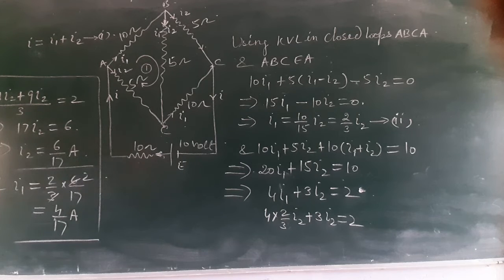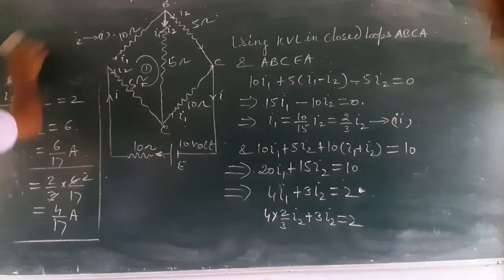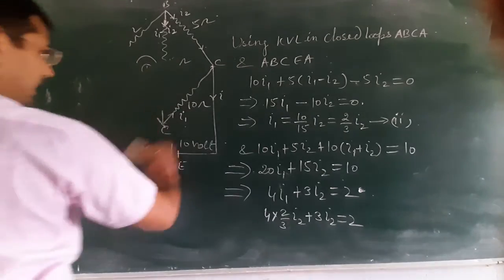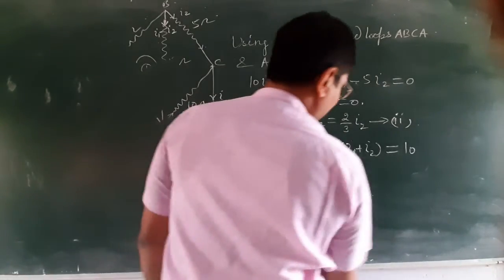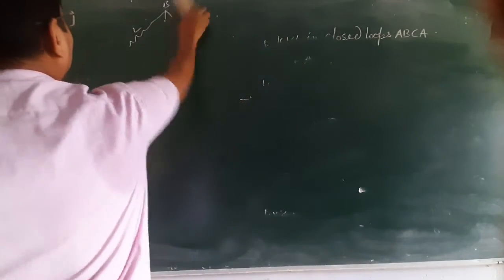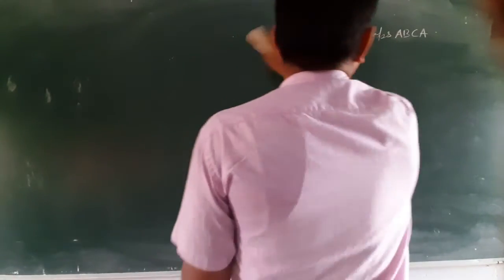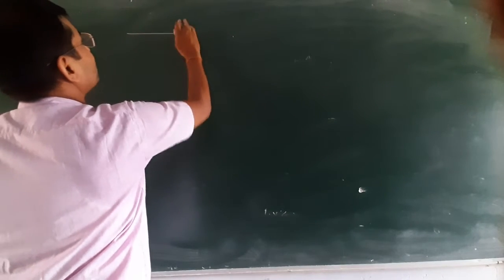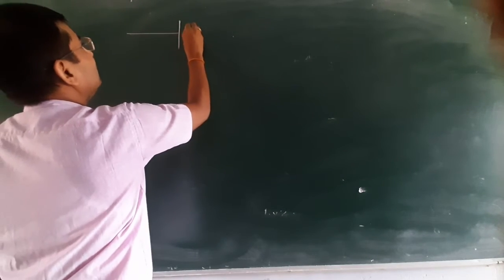So let us discuss another numerical based on terminal potential difference. The numerical is that a storage battery of EMF 8 volt and internal resistance 0.5 ohm is being charged with a 120 volt external supply like this.